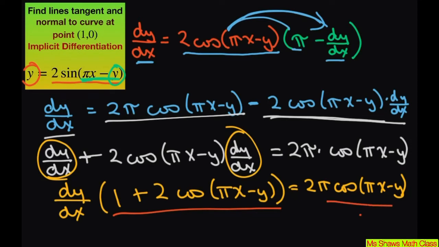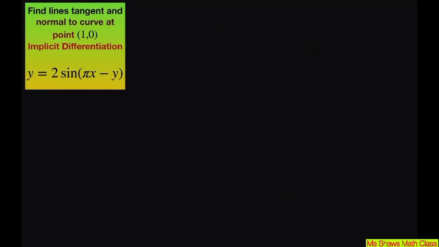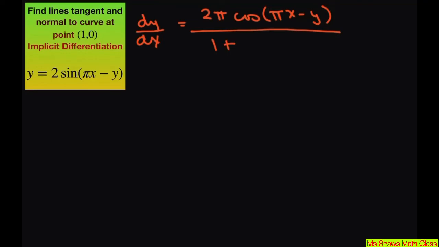We get dy divided by dx equals 2 pi times cosine of (pi x minus y) divided by 1 plus 2 cosine of (pi x minus y).